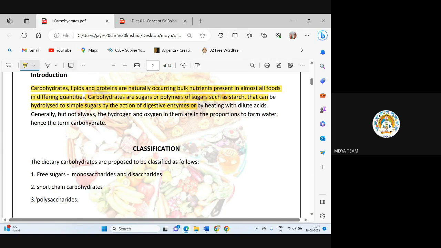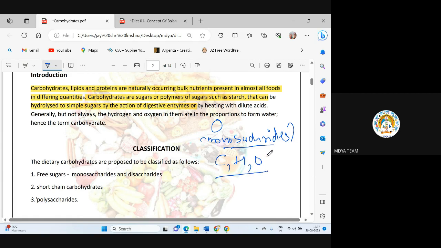So what are carbohydrates in simple words? Carbohydrates are polymers of monosaccharide. You can write that down. So what are monosaccharides? Monosaccharides are chemical substances formed by the combination of carbon, hydrogen, and oxygen.